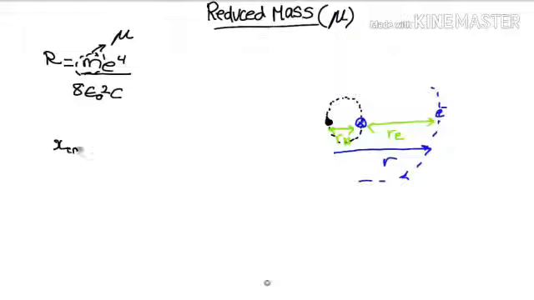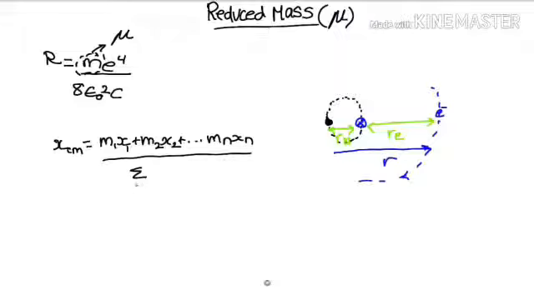X center of mass is equal to m1x1 plus m2x2 plus mnxn divided by the summation n equal to 1 to capital N of mn.